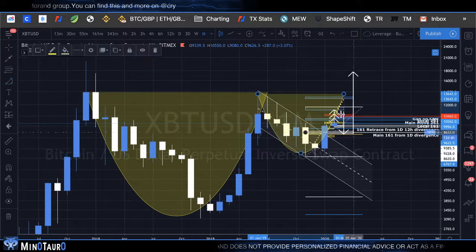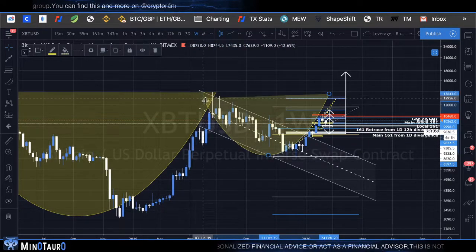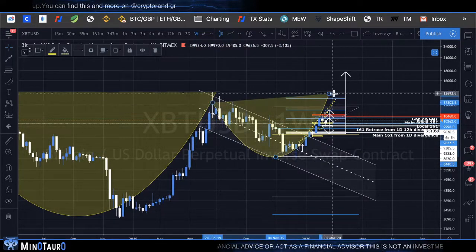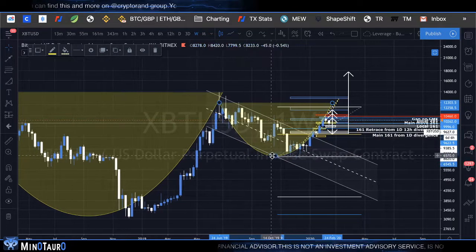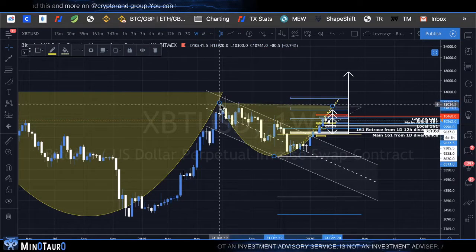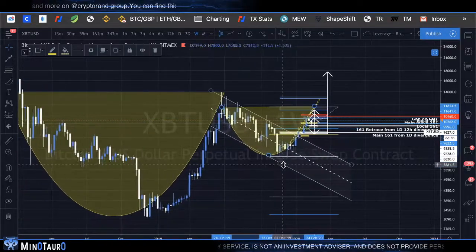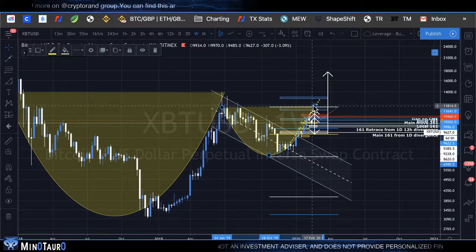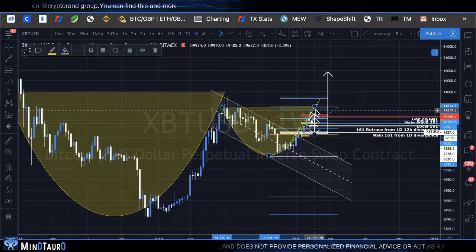Oh yeah, but we're not going to go there, we're going to go on the weekly one. It's going to be something like this. Look, something like this. It's very ugly. Something like this, and then down, even a 161 handle.